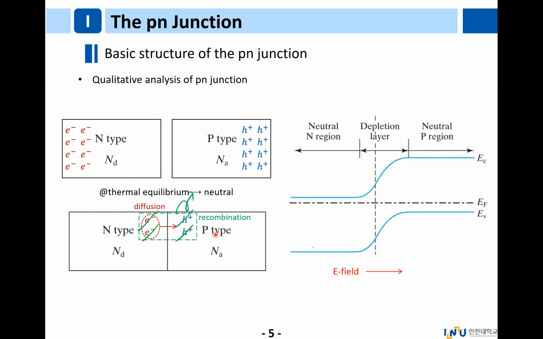Therefore, electrons that diffuse across will instantly recombine with holes in the p-type region and vanish.